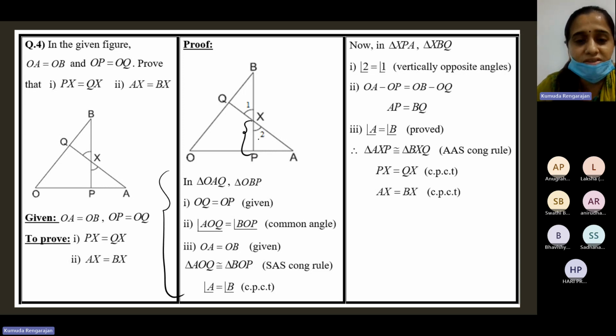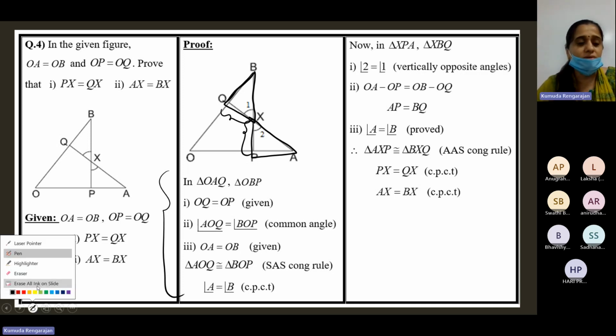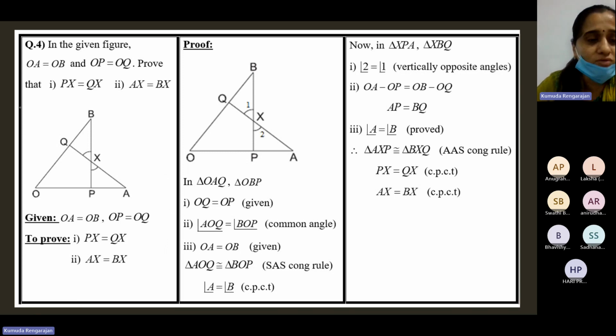Now Px is in this triangle, right, children? And where is Qx? Qx is in this triangle, right? You can see here Qx and Px. Now just take up these two triangles and see if you have information to show that they are congruent. Because what have we understood? You should take up the triangles in which you have those sides.